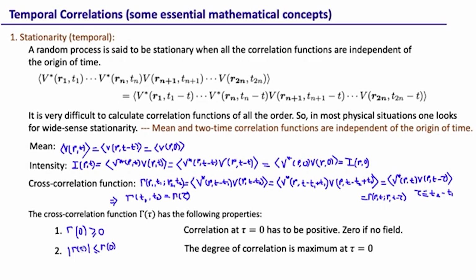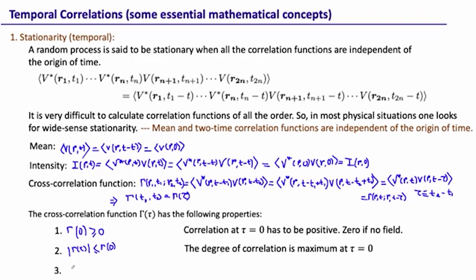Of course, this can decrease and increase, but all it says is that this cannot become more than the value at tau equal to 0. It doesn't say that gamma of tau has to monotonically decrease. No, it can decrease, again increase, but it just cannot come up to the value of gamma of 0.